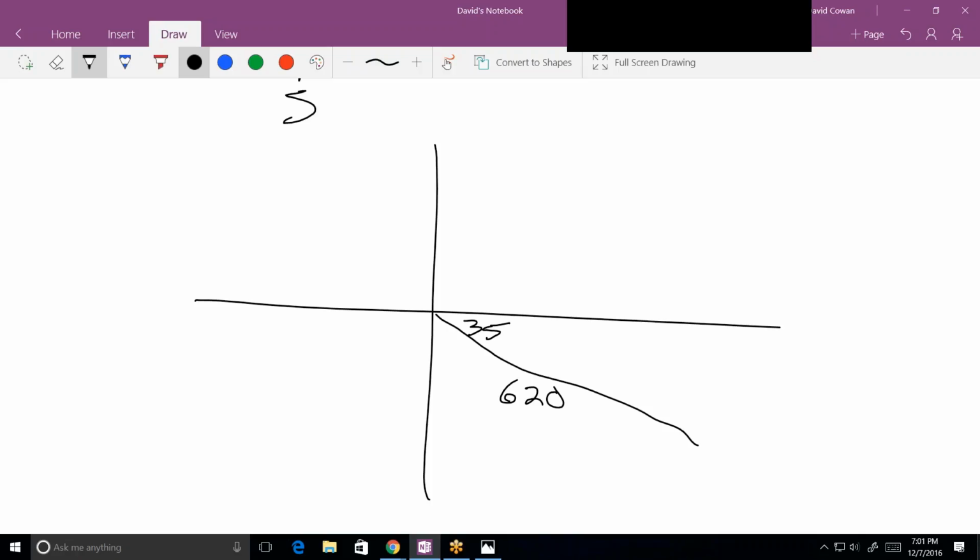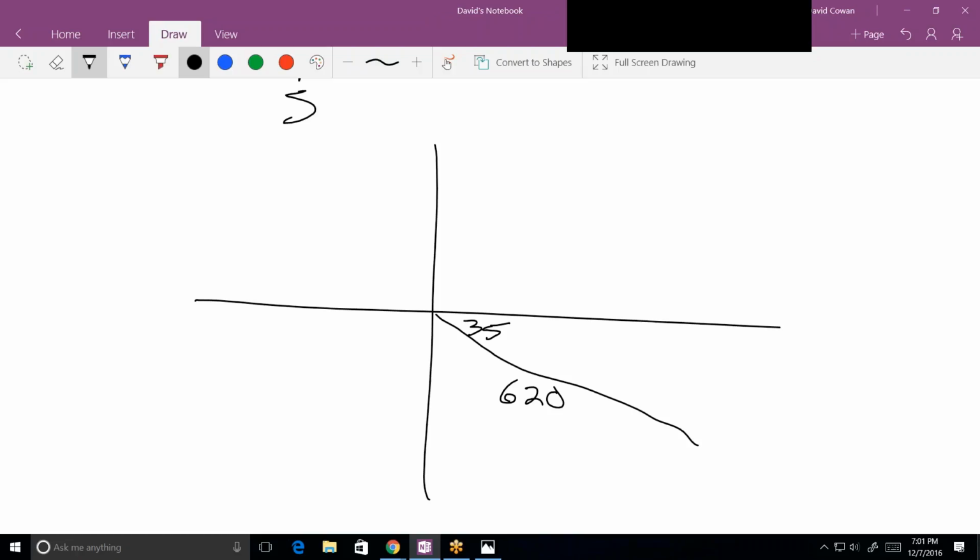The only velocity the airplane can register is relative to the air. So his reading might say 620 miles per hour, but if he's heading dead into a 50 mile an hour wind, he's actually only going 570 miles per hour. So the first thing we have to do is break the airplane vector into its horizontal and vertical components.